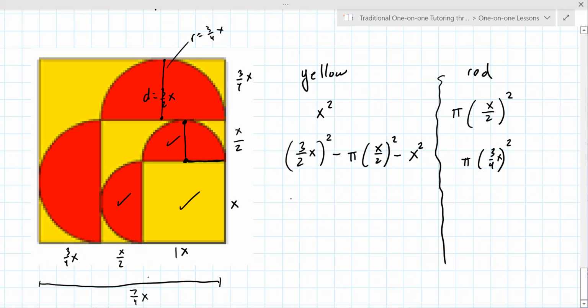So the yellow is 7 over 4 x squared, the outside one. Then you subtract this red and this red, which is pi times 3 over 4 x squared.